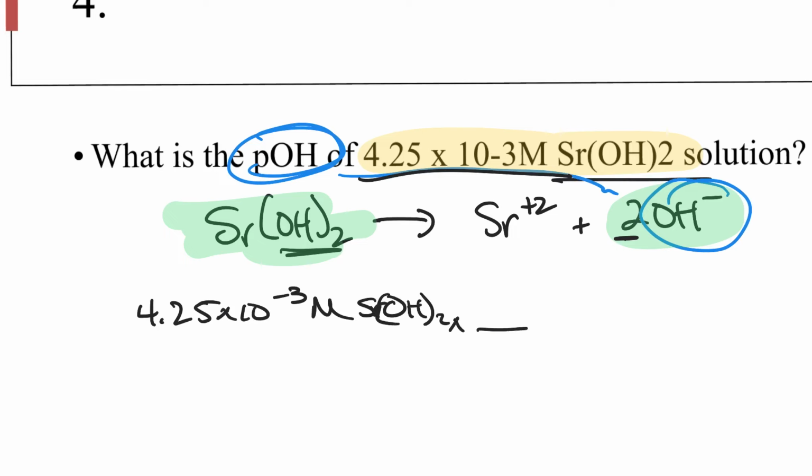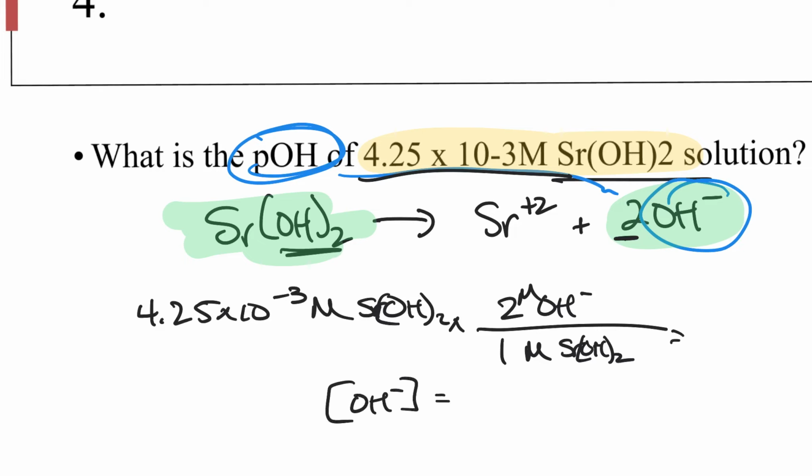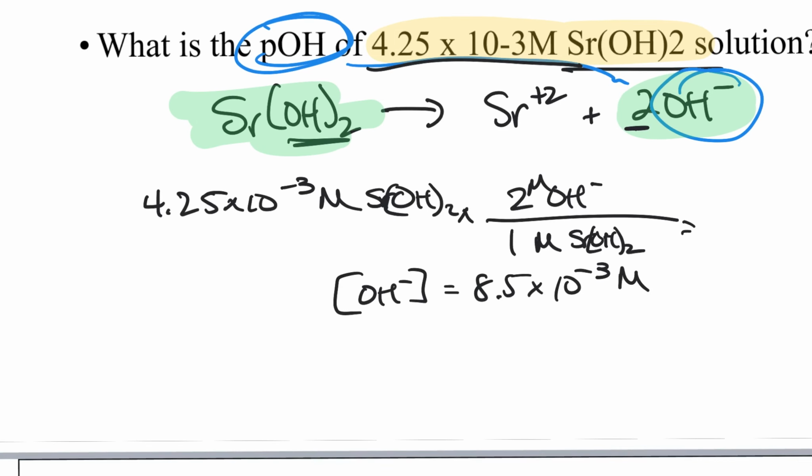We know that for every 1 molar of strontium hydroxide, you have 2 molar of hydroxide. When you multiply those two numbers together, the concentration of hydroxide turns out to be 8.5 times 10 to the negative 3. So that's your concentration. Now let's find the pOH.